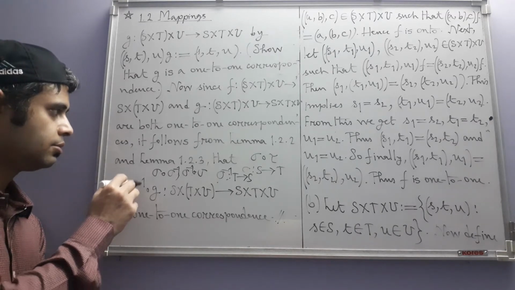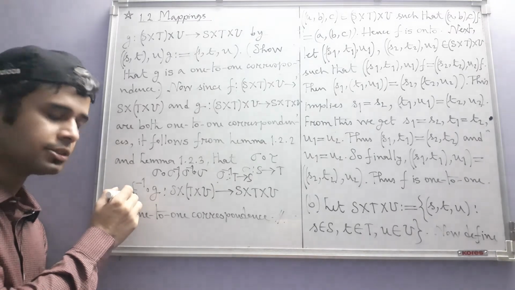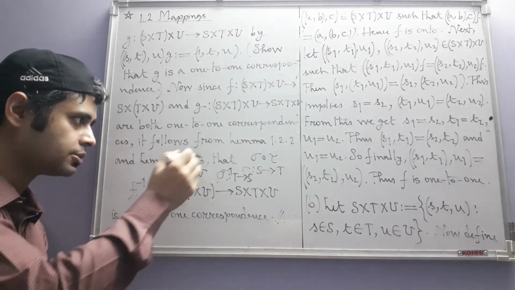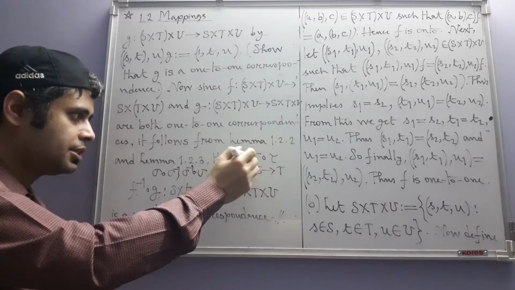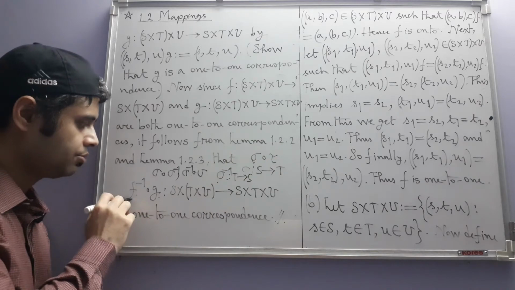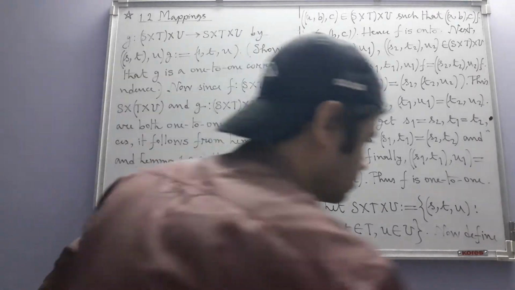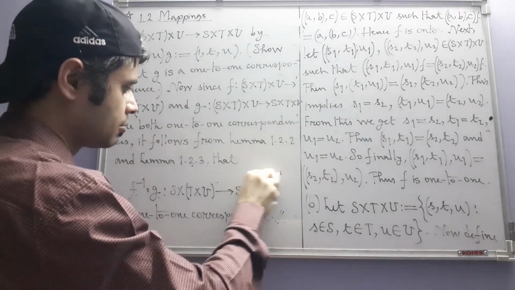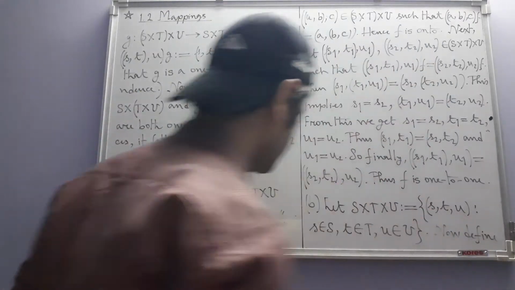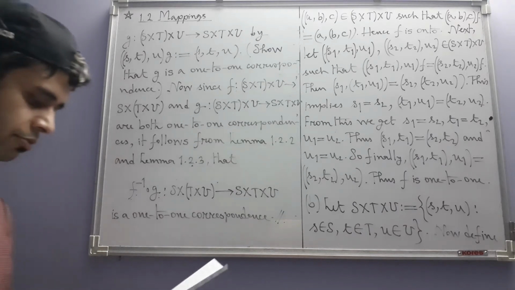So this is a one-to-one correspondence, so its inverse is a one-to-one correspondence, and then G is a one-to-one correspondence. So using lemma 1 to 2 with F inverse in place of sigma and G in place of tau, we are concluding that this is a one-to-one correspondence. Okay, so these are extra things. So this completes the solution to the third one, and now we come to the fourth one.